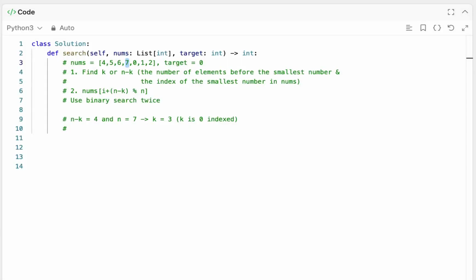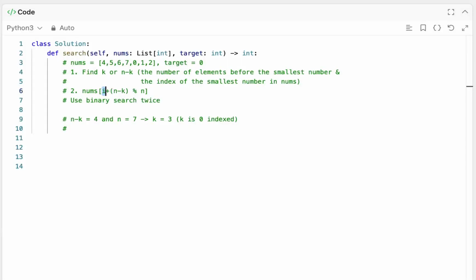The length between this one is 7. 7 divided by 2 is 3. So we say we are looking into 3 plus n minus k.